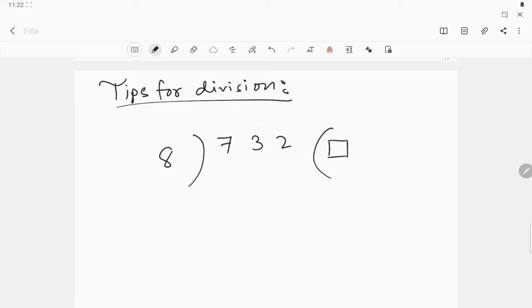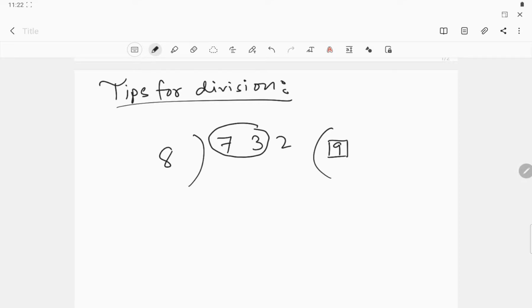So now you have to take these 2 digits, and find the number by which you multiply 8 to get nearest to 73. So you should know the multiplication table of 8. 8 nines are 72.